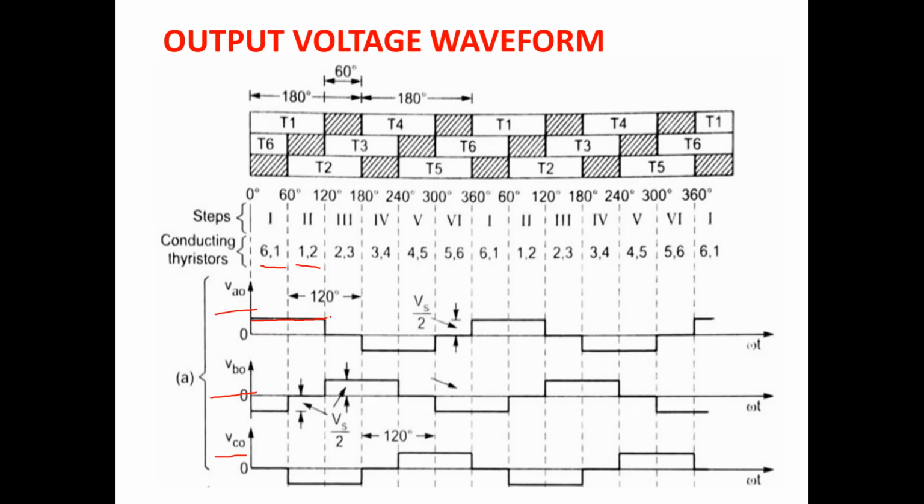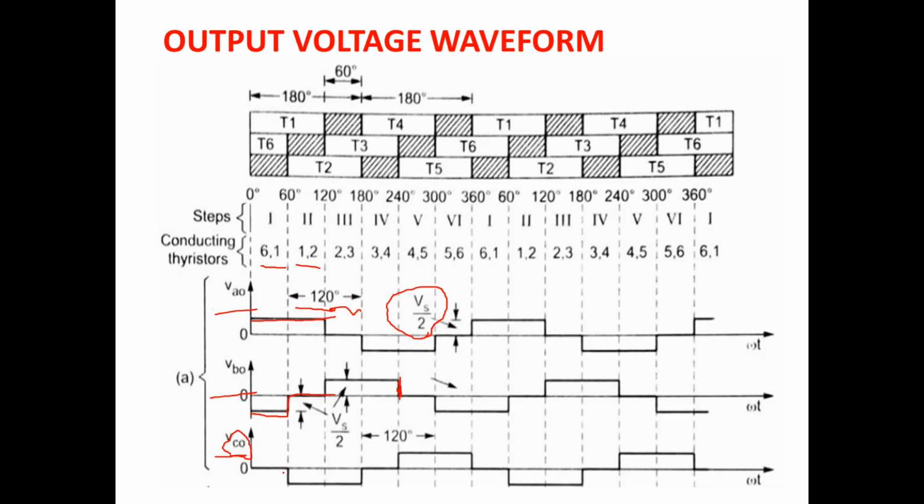So 1 within 120 degrees, and the respective voltage is plus Vs by 2. For B naught, it will be negative, so minus Vs by 2, and plus Vs by 2 it is conducting, meaning 120 to 240. So here it is represented.